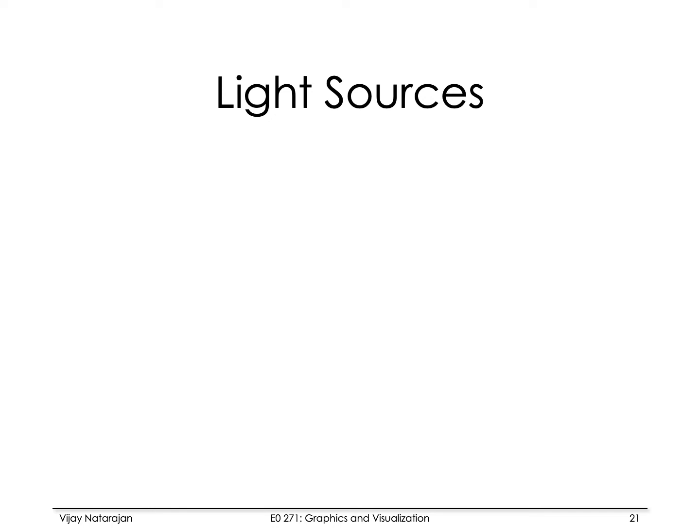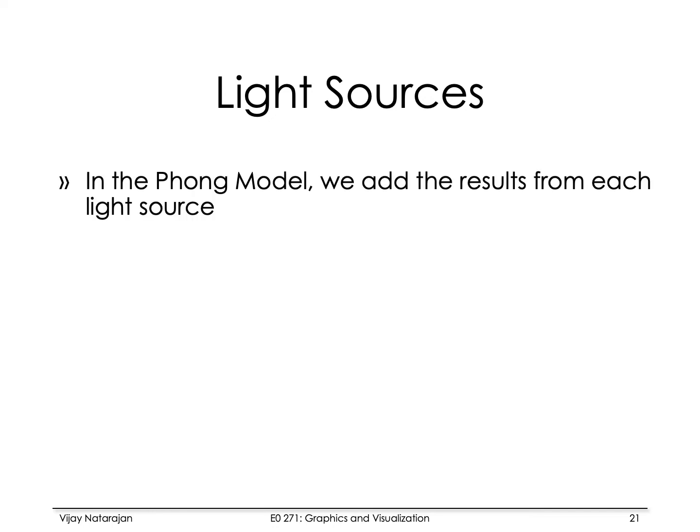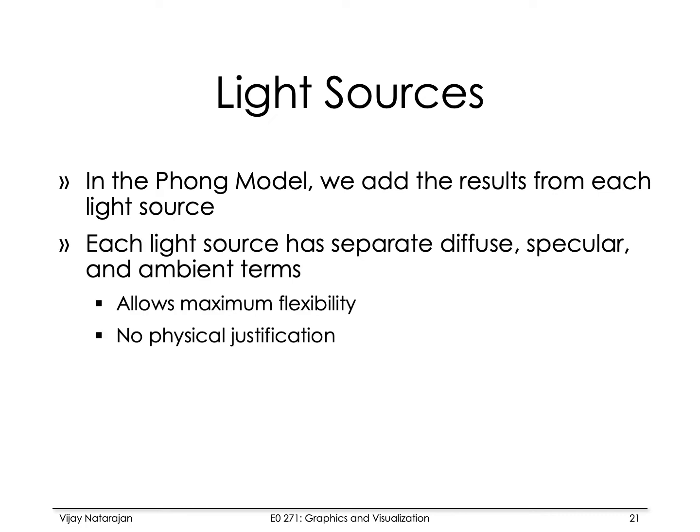So putting it all together in the Phong model, we simply add the results that we get from all light sources. So every light source has a diffuse, specular and ambient term, and we simply add them up. This is not physically justified really. It just allows for a lot of flexibility in the computation.